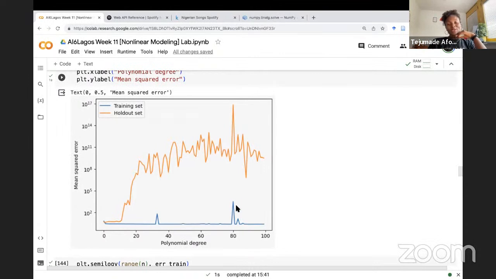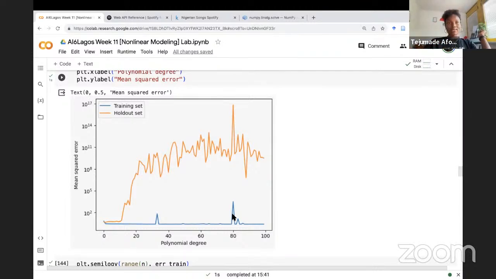So this is good to know, because it could be a good question. If you fit a polynomial and increase the polynomial degree, does your training error ever increase? And the answer is no, because mathematically, as you increase the complexity of your model, you should always reduce your error on your training set.